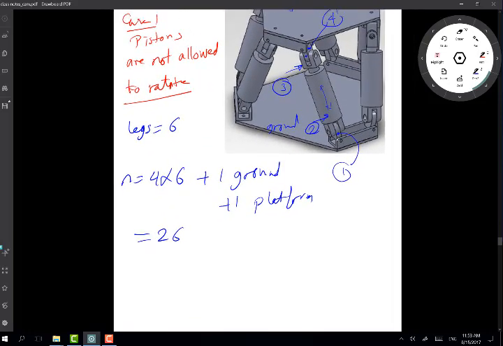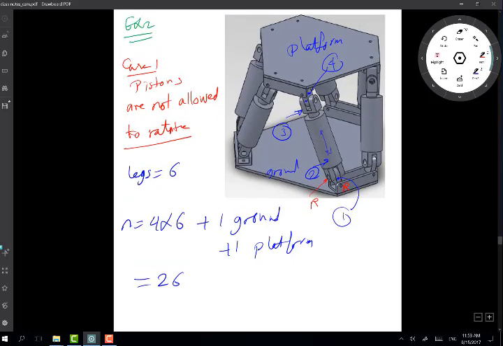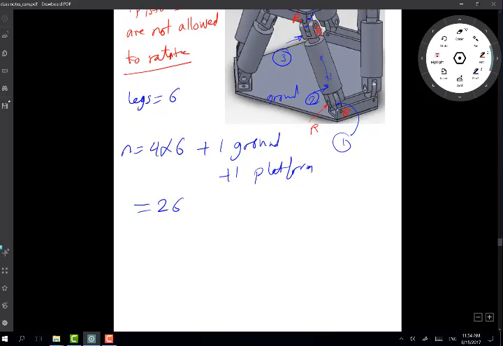Now, how many revolute joints do I have? Let's count them quickly. This is one revolute joint, that's another one, another one here, and there is this one here at the top. So per leg I have 4 revolute joints, right?